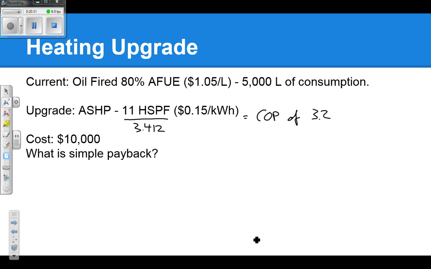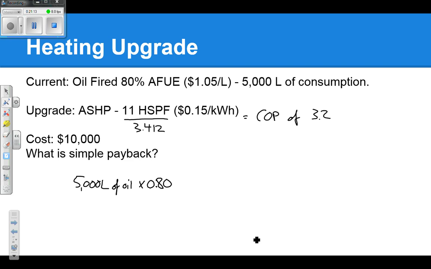So we're going to start at the 5,000 liters of oil. Okay. Some of that is being thrown out the chimney, right? It's 80% efficient. So we really need to say, does our house need more or less than 5,000 liters? Well, it's going to need less, because we're not going to be throwing any energy out the chimney anymore. So we now multiply that by our efficiency, and that would tell us how much energy the house actually needs.